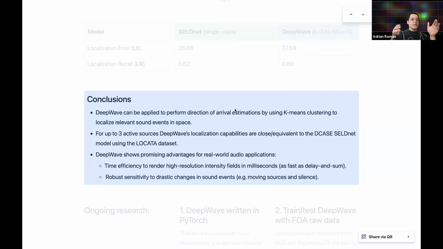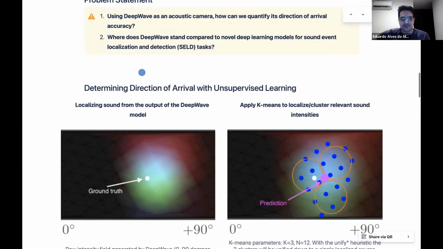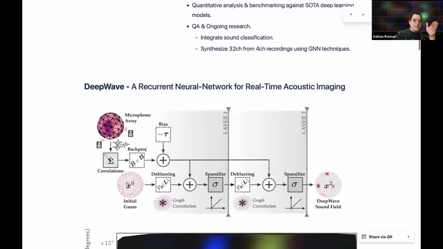So what I want to do is to give that as the initial conditions, because I mentioned it starts with an initial guess. This initial guess will be the last step from the previous 100 millisecond frame. It makes sense. And I'm pretty sure this will also make the model even more robust to changes in moving sources, silence, and so on. Yeah, absolutely. Really good point.